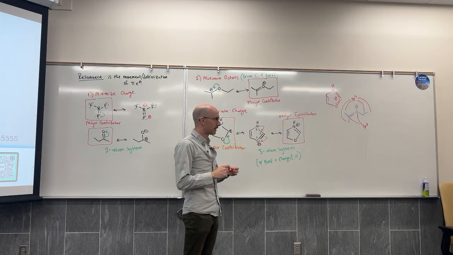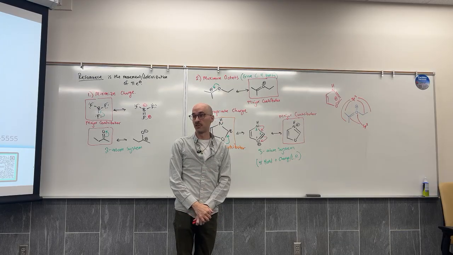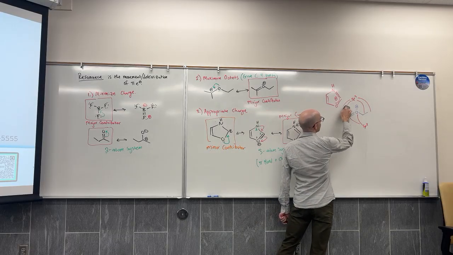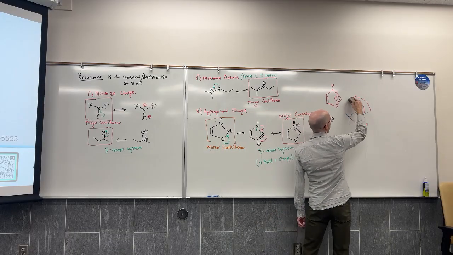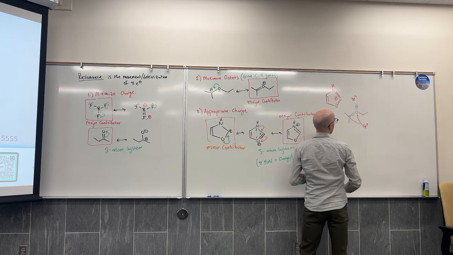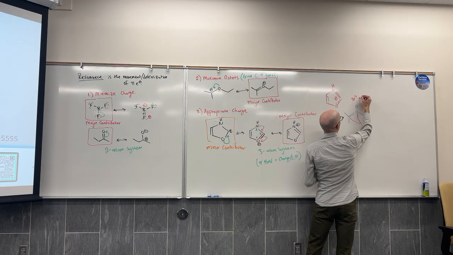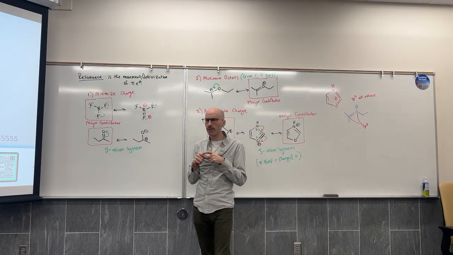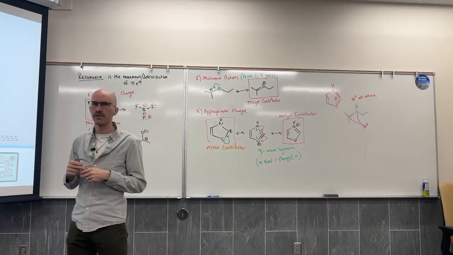Okay, so I'm going to erase some of that because it's too cluttered for me to do what I wanted to do next. What I want to do next is talk about what orbital overlaps give us the bonds that we have.